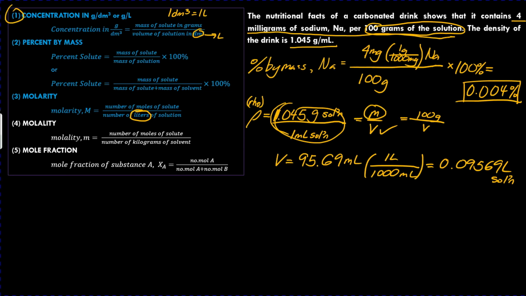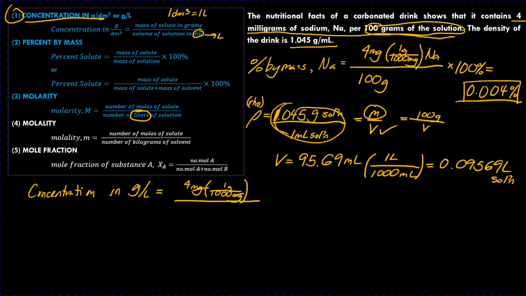So by the way, the first thing we obtain here is percent by mass directly from the information. So here our solute is sodium, and we have 4 milligrams of sodium. But we need to express it in terms of grams. So again, we start with 4 milligrams, express it into grams. So this one will be cancelled. It's the same as this term, except for this one, we're not dividing by another mass.